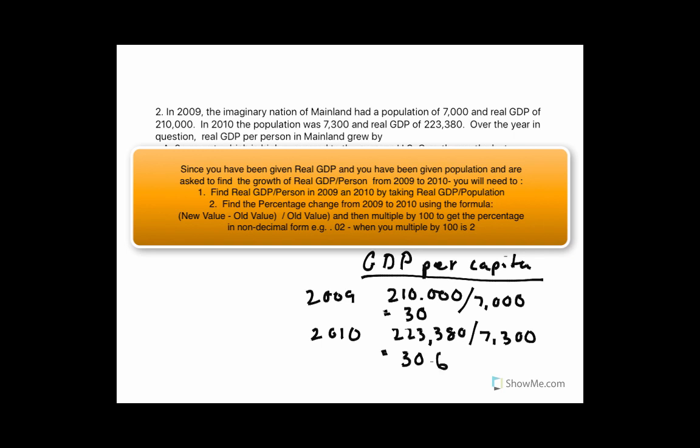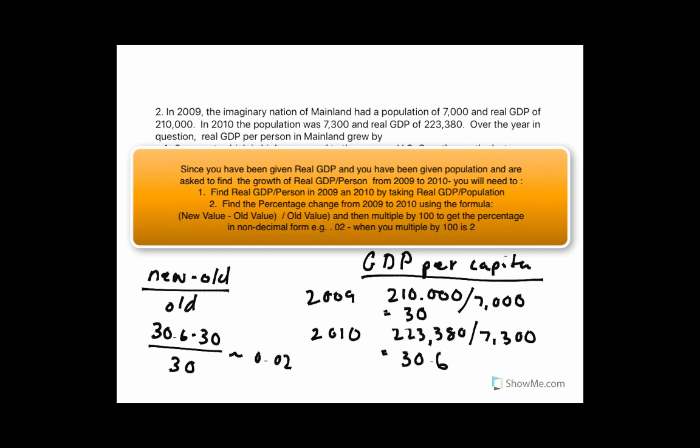Right, so now we're just going to use the percentage change formula, which is new minus old, divided by old, right? So in this case, GDP per capita in 2010, 30.6 minus 30 divided by 30, which is 0.6 over 30, which is going to be approximately 0.02.